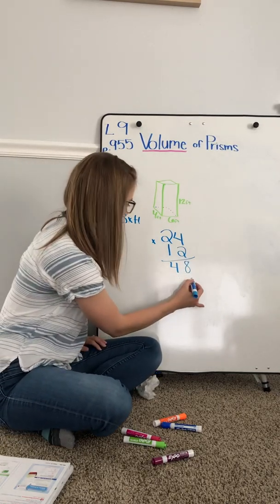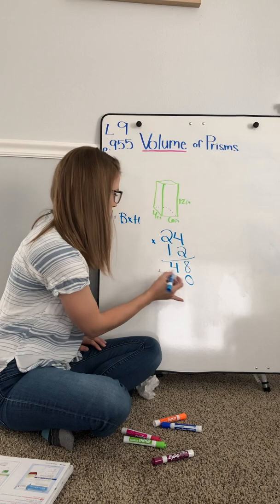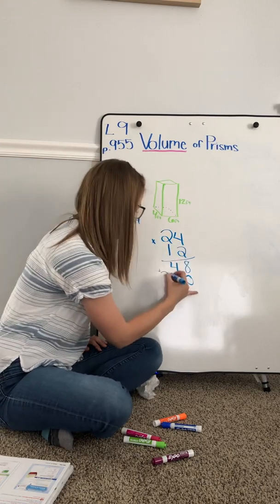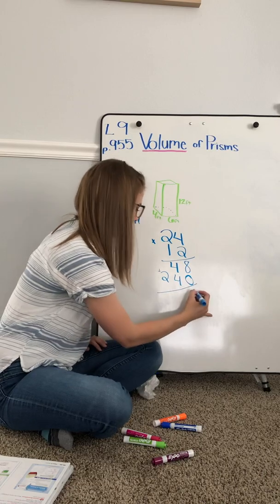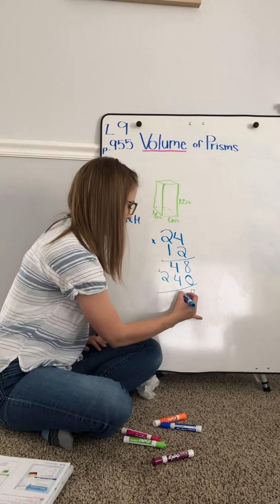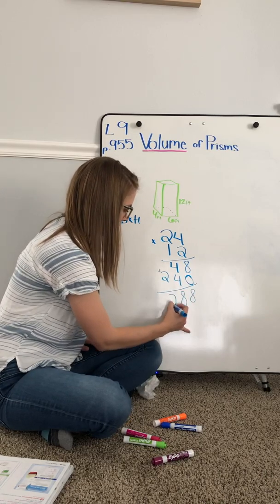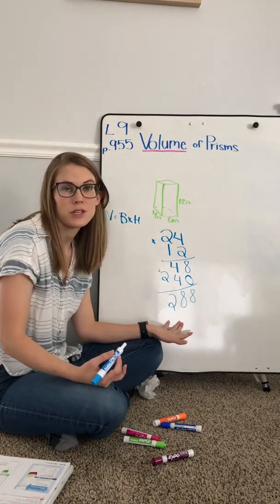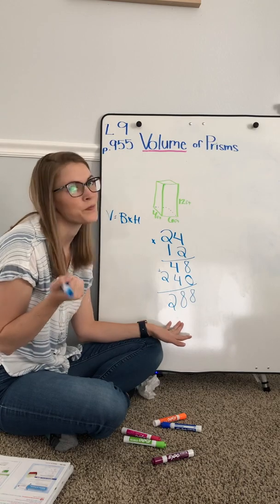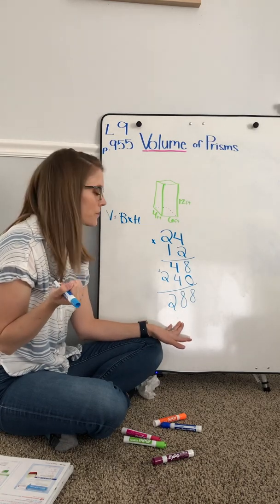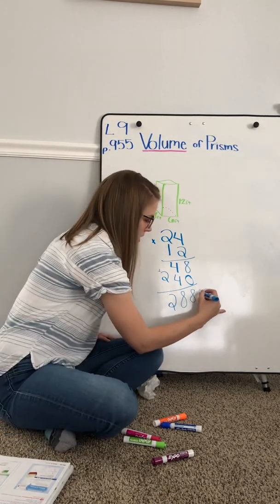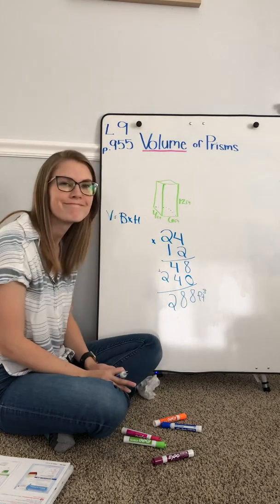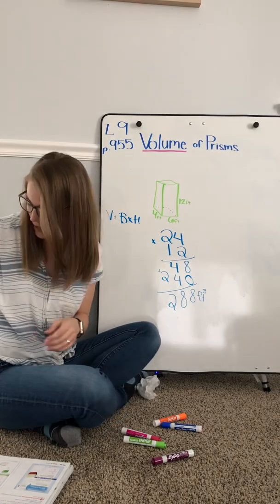And then moving on to the next one. 1 times 4 is 4. 1 times 2 is 2. 8. 4 plus 4 is 8. And 2. 288. You should have written it with units. If you didn't yet, add your units. It's cubic feet, or feet cubed.